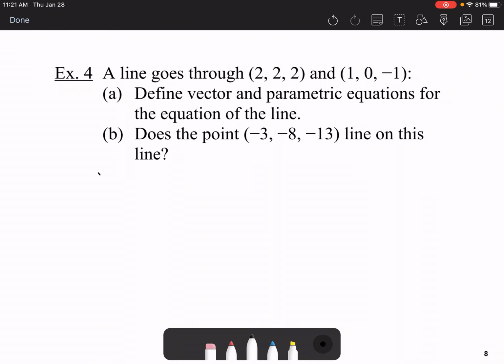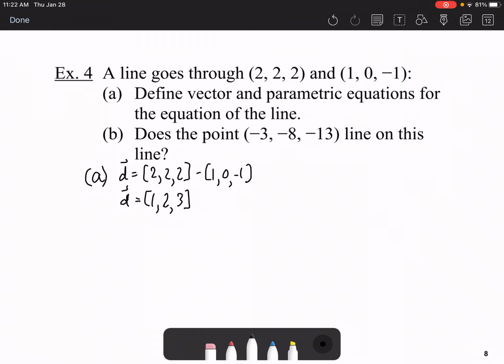So again, first thing, I want to find my direction. You can pause the video now and find your direction. So you should find that one possible direction is (1, 2, 3). Ooh, it's like I made that on purpose.